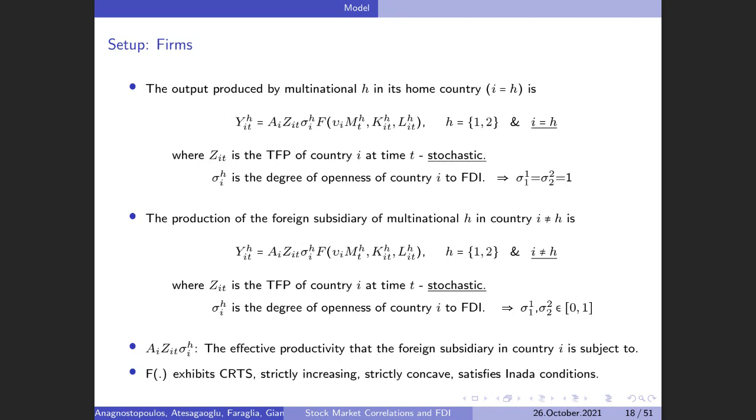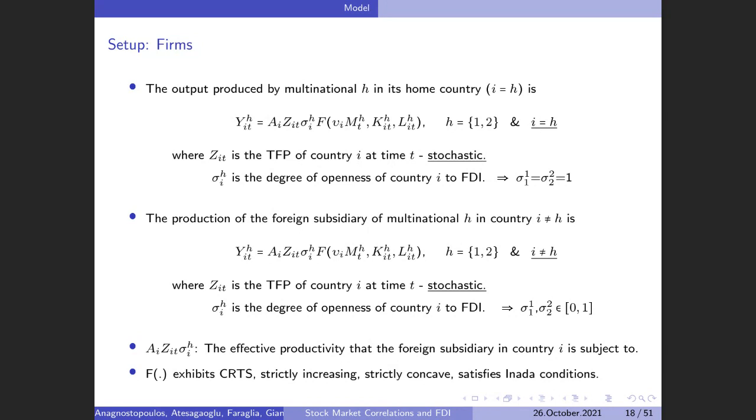So for that reason, this is going to be the productivity difference between the foreign producers and domestic producers in an economy, and that's going to be calibrated to match the FDI levels that are observed in the data.